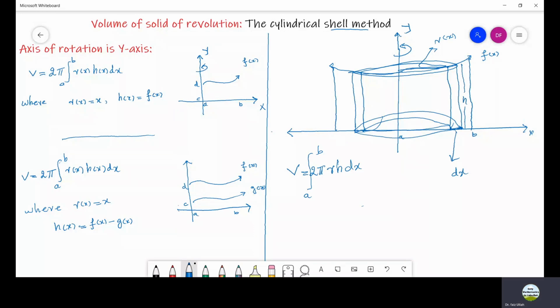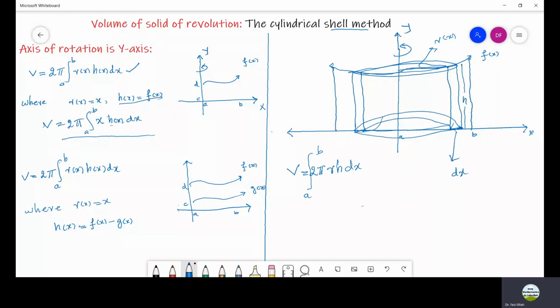Now, to find the volume of the solid when we rotate the graph about the y-axis, we shall use this formula. But as you can see, sometimes we write it like this one: 2 pi, integration from a to b, r of x is x, and h of x will be equal to the given function, times dx.